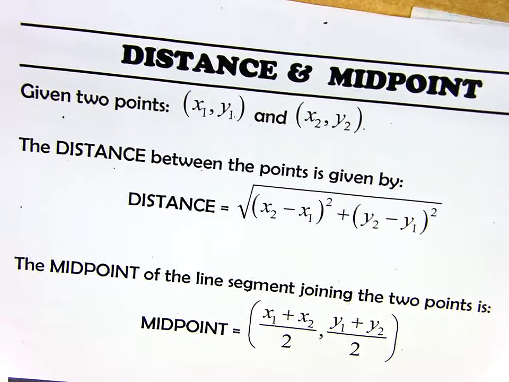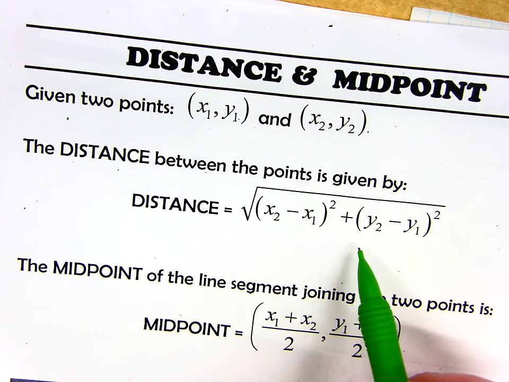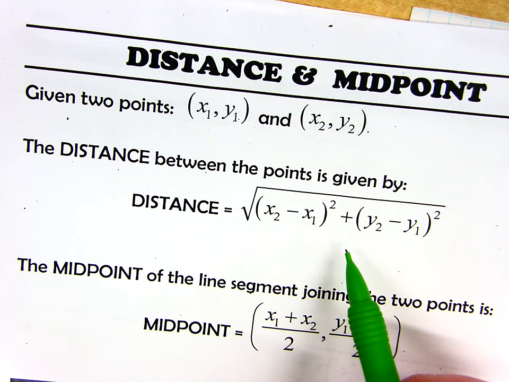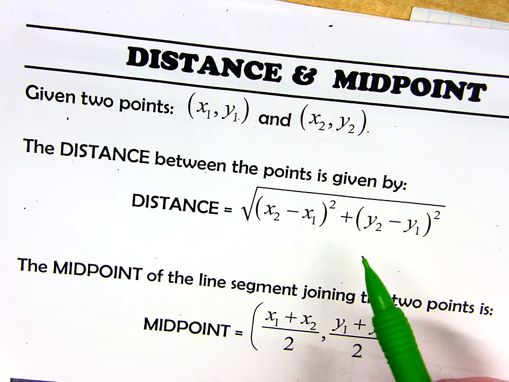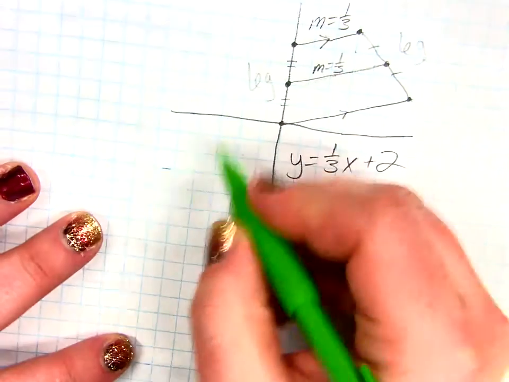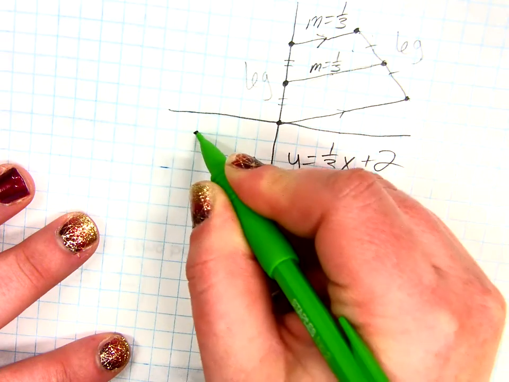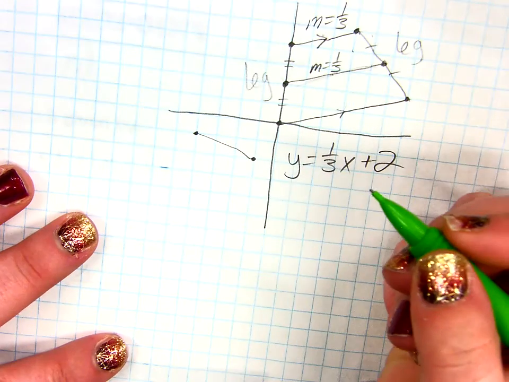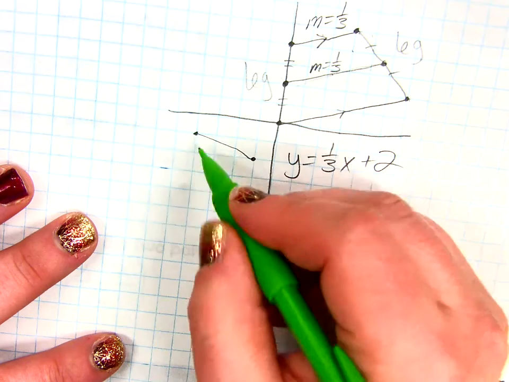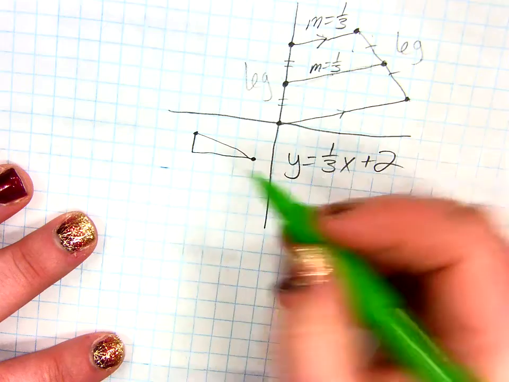Do you remember the distance formula? Okay, so here it is. Honestly, it's just the Pythagorean theorem written for the coordinate plane. Think about the Pythagorean theorem: a squared plus b squared equals c squared. If I have any two random points, wherever they are, and I want to find the length of that segment, you can find it by turning it into a right triangle.